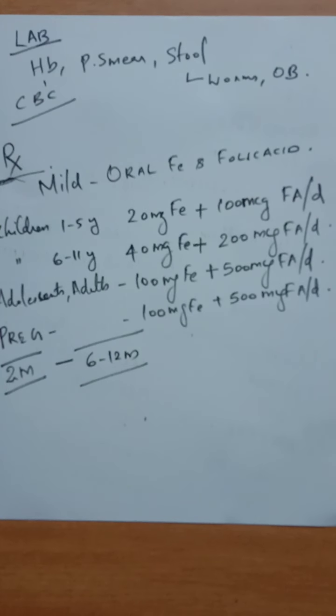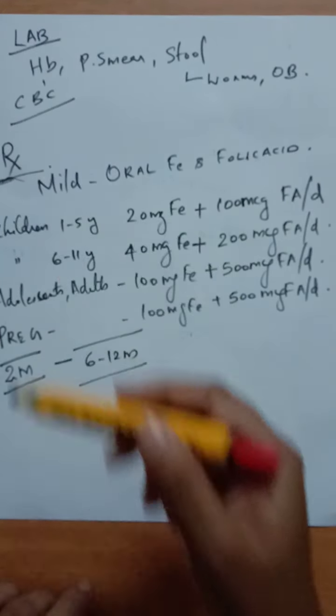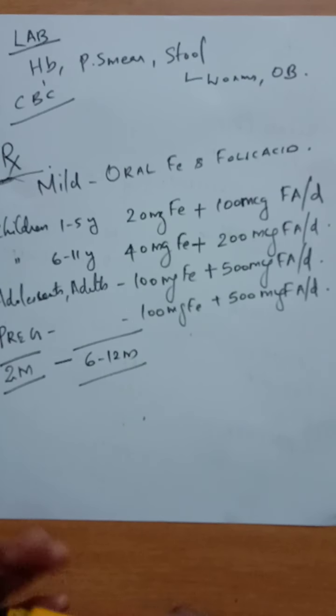So indications for referral: patients not responding to oral iron supplementation, all cases of moderate to severe anemia and associated comorbid conditions like cardiac diseases, renal diseases, chronic infections, anemia associated with pregnancy if HB less than 9 gram percentage, other causes of anemia like hemolytic anemia, thalassemia, etc. So by finding the cause we will investigate it, and also have to rule out other causes like hemolytic anemia and thalassemia.